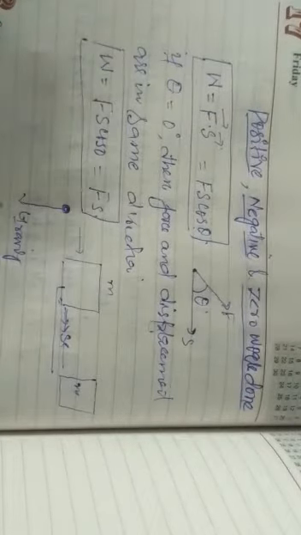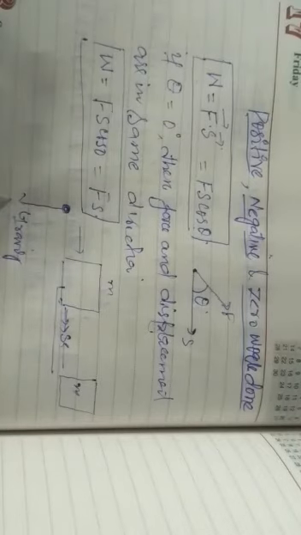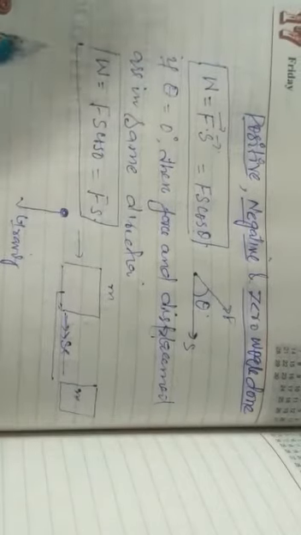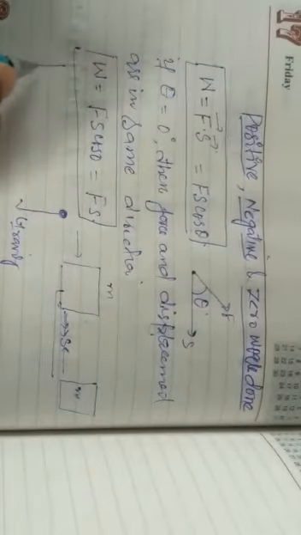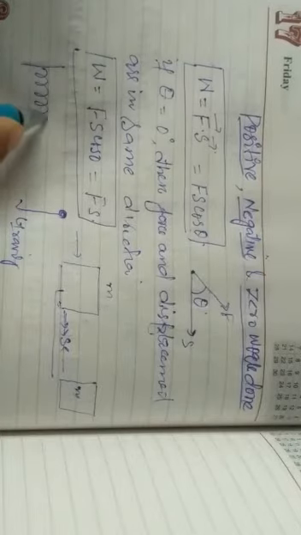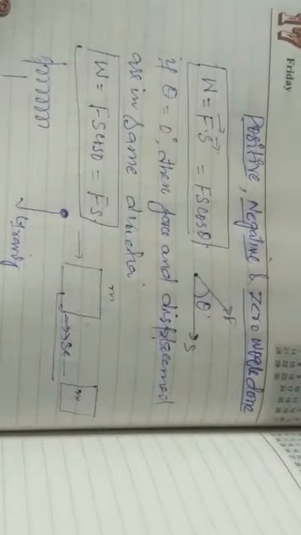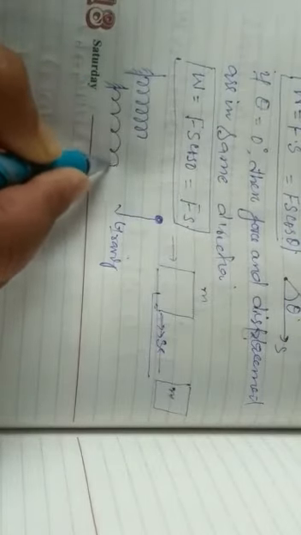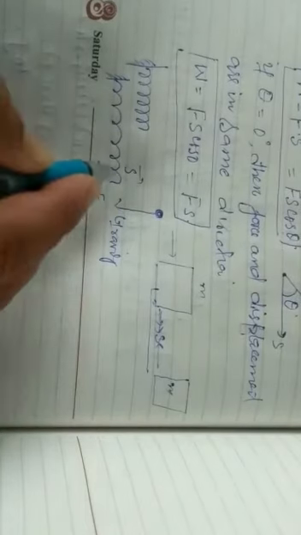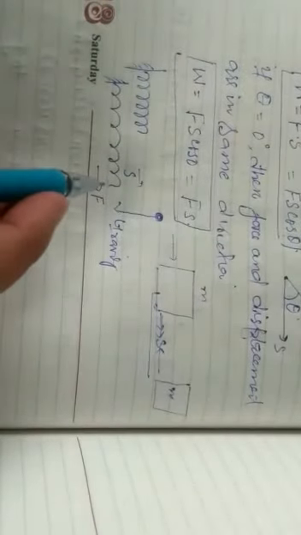the work done by gravitational force is positive, because at that time F as well as displacement are both in the same direction. Or if you have a spring and you stretch it, then F and S are in the same direction, and work done is said to be positive.